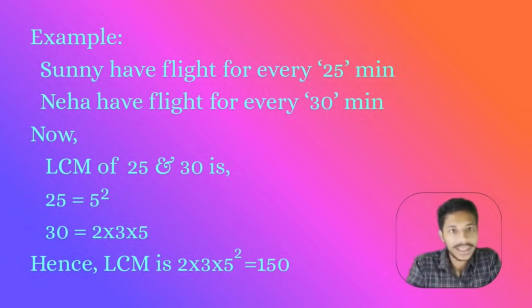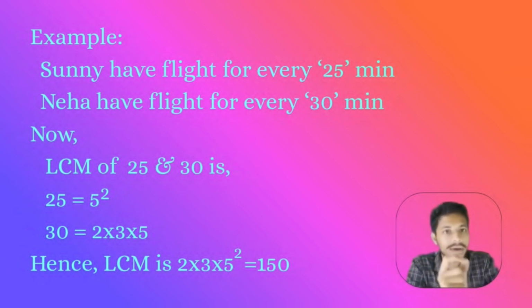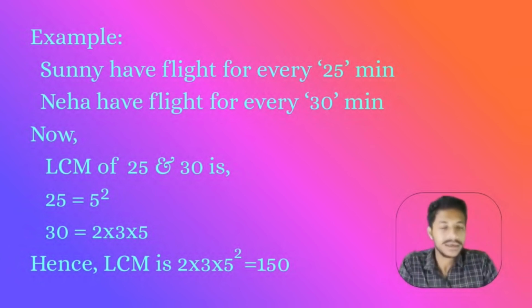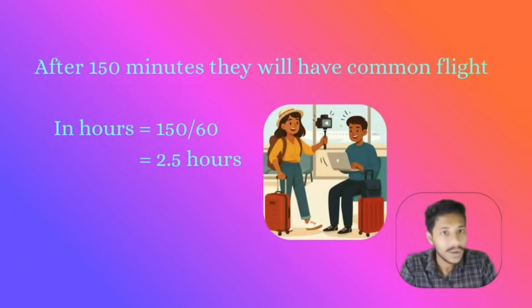To find when they will have a common flight, we have to find the LCM, least common multiple, of 25 minutes and 30 minutes. As you can see on the screen, the LCM of 25 and 30 is 150. This means that after 150 minutes, they will have a common flight.